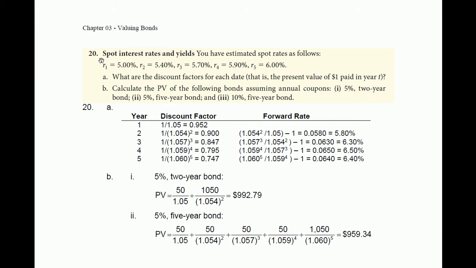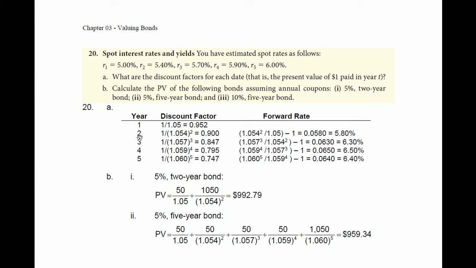Question 20, spot interest rates and yields. So we now have 5 different interest rates for 5 different years. And these are the spot interest rates. So standing at different years, if we are standing at year 1, the discount factor would be 1 over 1.05.